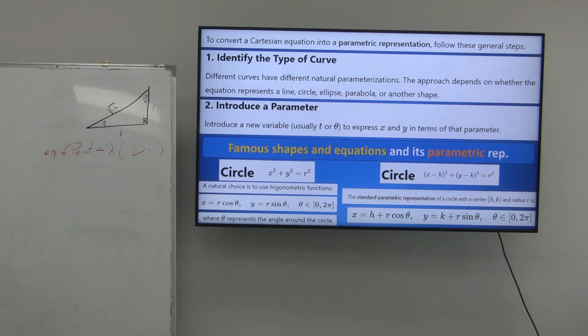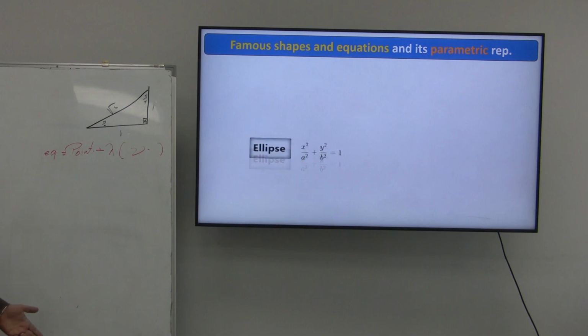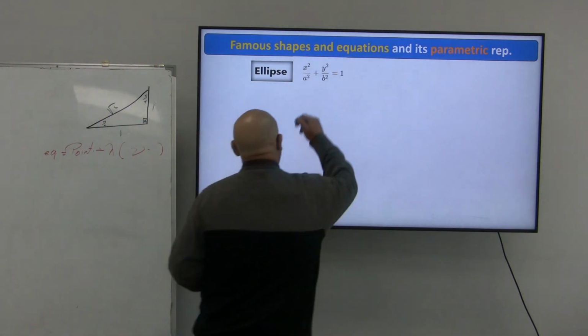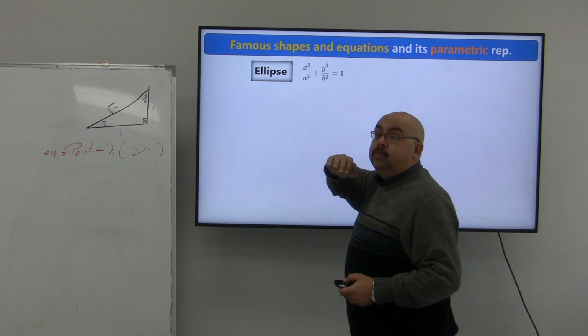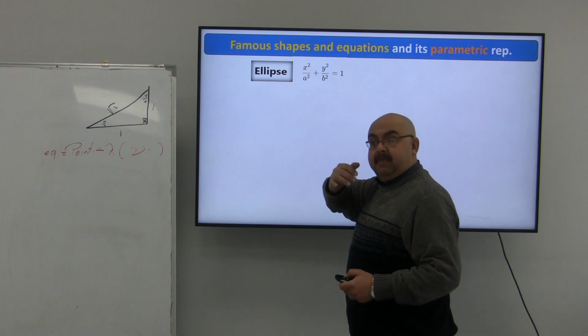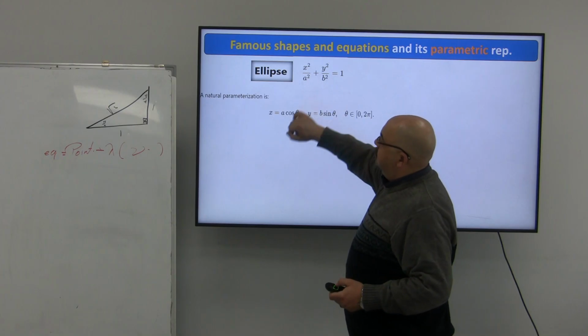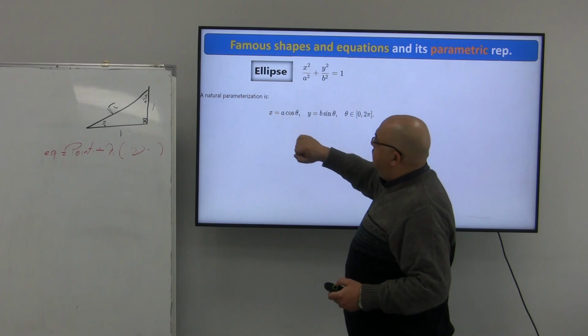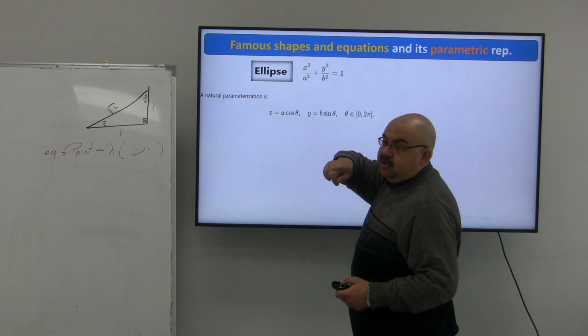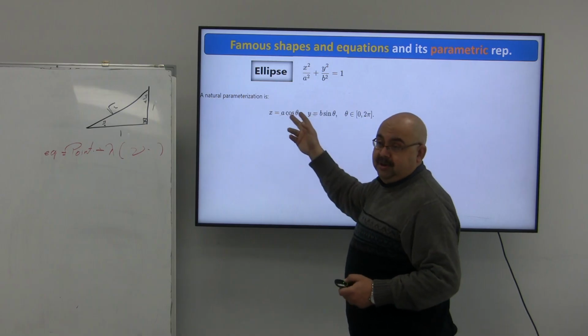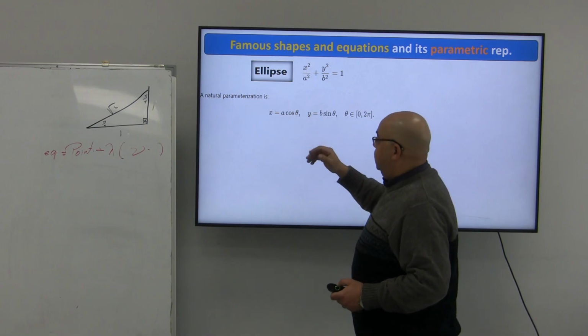And for the general case, it will be the same. Once more, this is the equation of an ellipse, x squared over a squared plus y squared over b squared. Once you parameterize it, getting its parametric form is going to be really very simple: x equal to a cosine theta, y equal to b sine theta. This is supposed to be r in the case of a circle, but you have two radii.